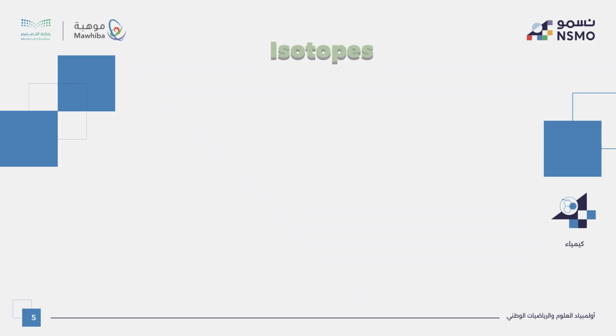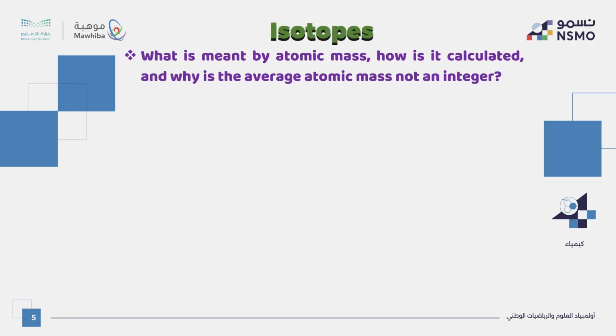What is meant by atomic mass and how is it calculated? And why is the average atomic mass not an integer? Atomic mass. The atomic mass of an element is the average mass of its naturally occurring isotopes.